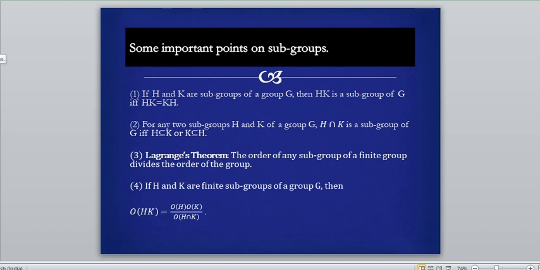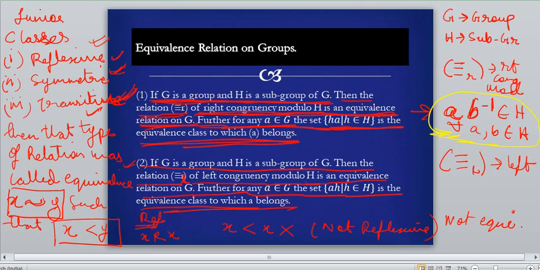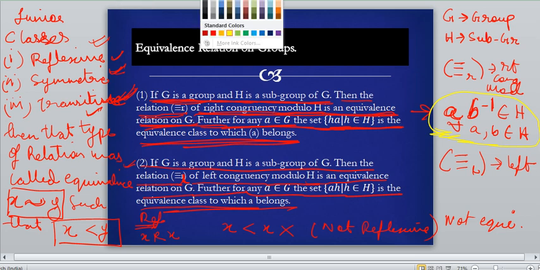If I go back to what we had done, I have it right in front of me. We spoke about equivalence relation, and how something can be an equivalence relation. You already knew how an equivalence relation works, but how it works on groups, and how a right congruency modulo H and a left congruency modulo H happen.